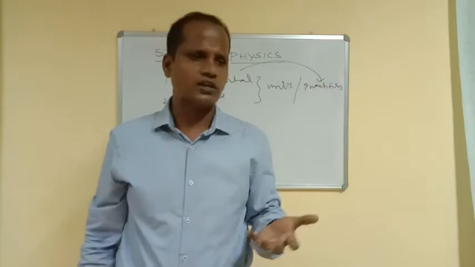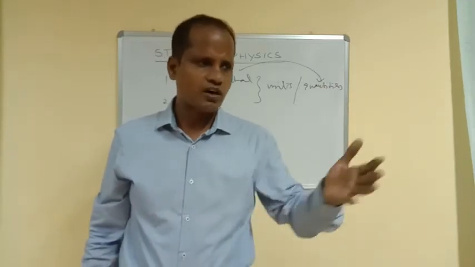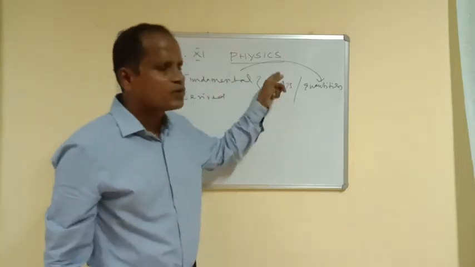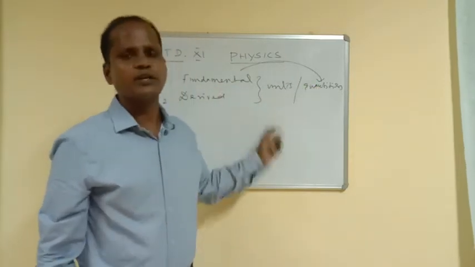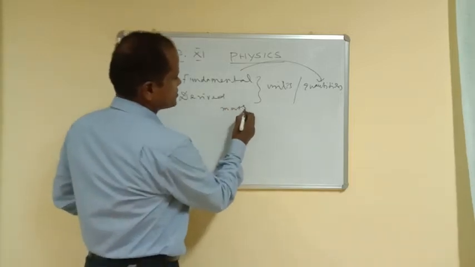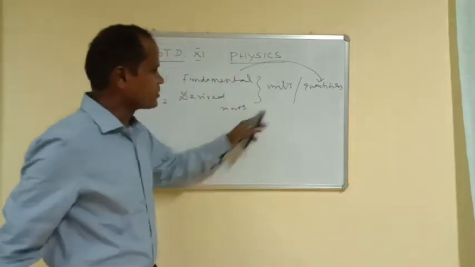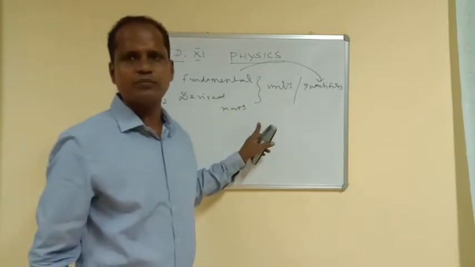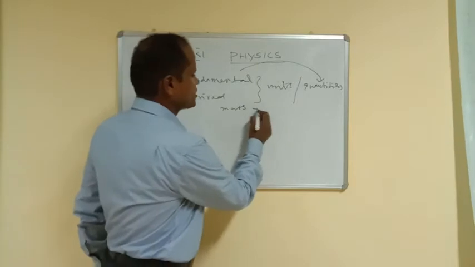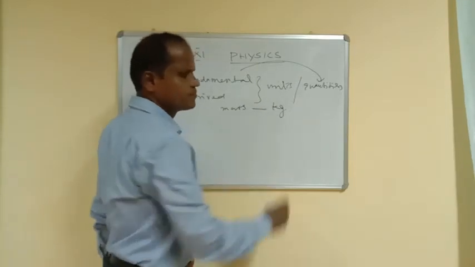So these are fundamental quantities. You will be studying all these in detail in your physics book. Here the corresponding units are called fundamental units. Suppose you take mass, one of the fundamental quantities. Its unit is kilogram, kg.